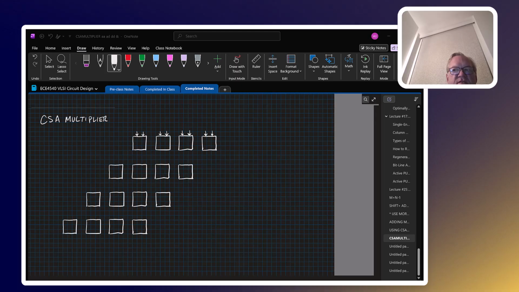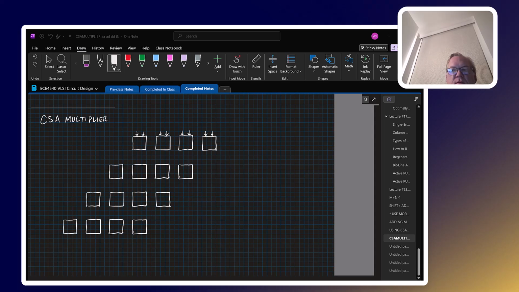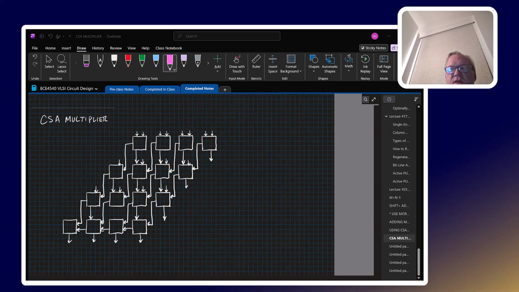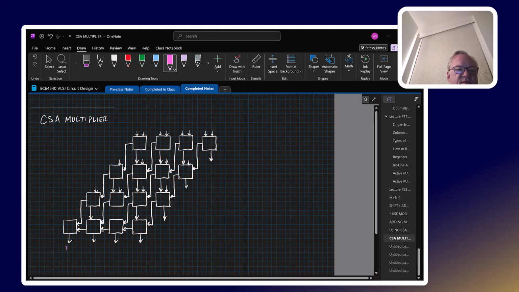Okay, so here I have an array just like before. And I've formed partial products, and I'm going to add them. Everywhere where I have an arrow going to the top of one of these adders represents a partial product being input into one of the adders. All right, so here you can see our multiplier array. Each of these outputs is producing a bit for the product.